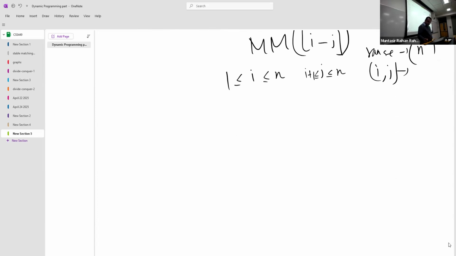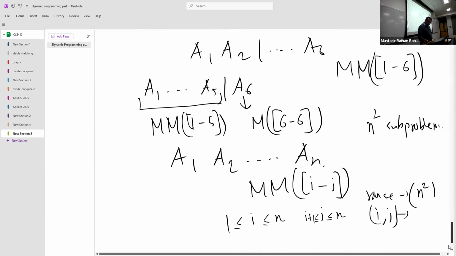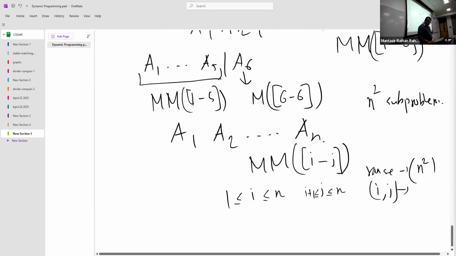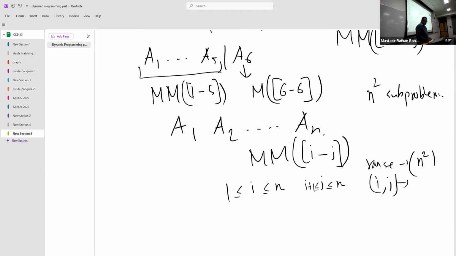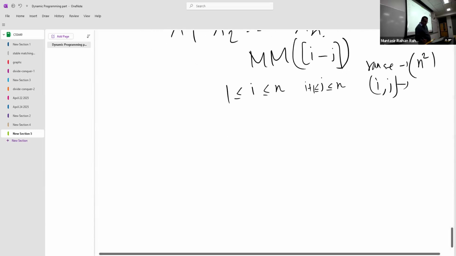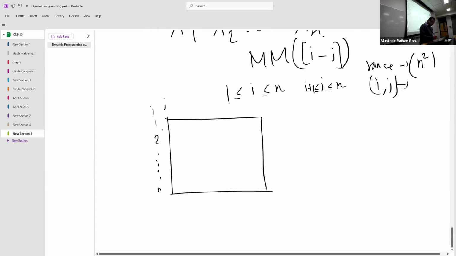Which one? I don't understand why it's n squared. Oh, what is the possible value of i? i can go from 1 to n, so n possibilities. And whatever i you choose, j has to be from i plus 1. Let's say I have 1 to n, that's i, and j, if you think of a matrix, has to be greater or equal to i for a subproblem.